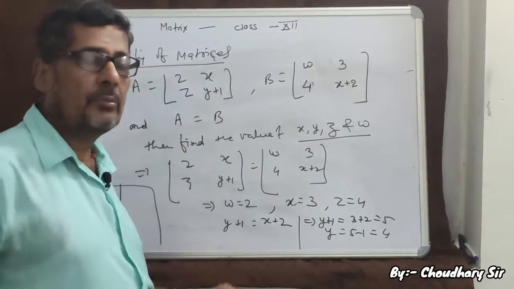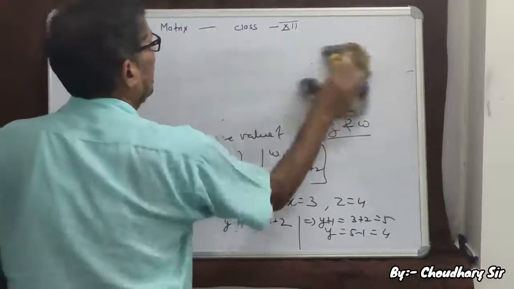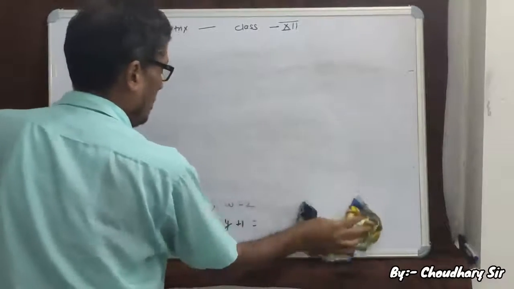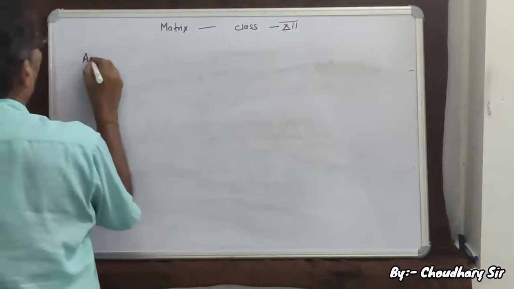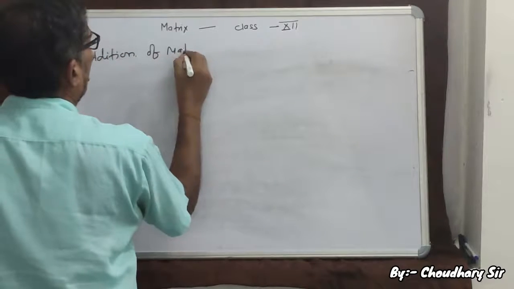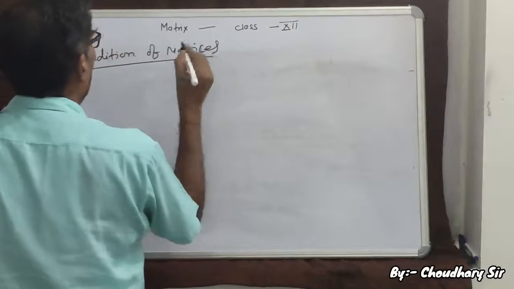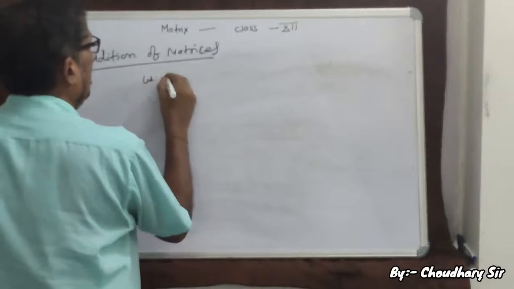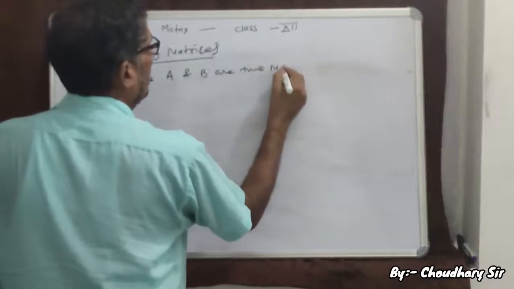Okay? Now come to the addition of matrices. How can I add two matrices? Suppose A and B are two matrices.